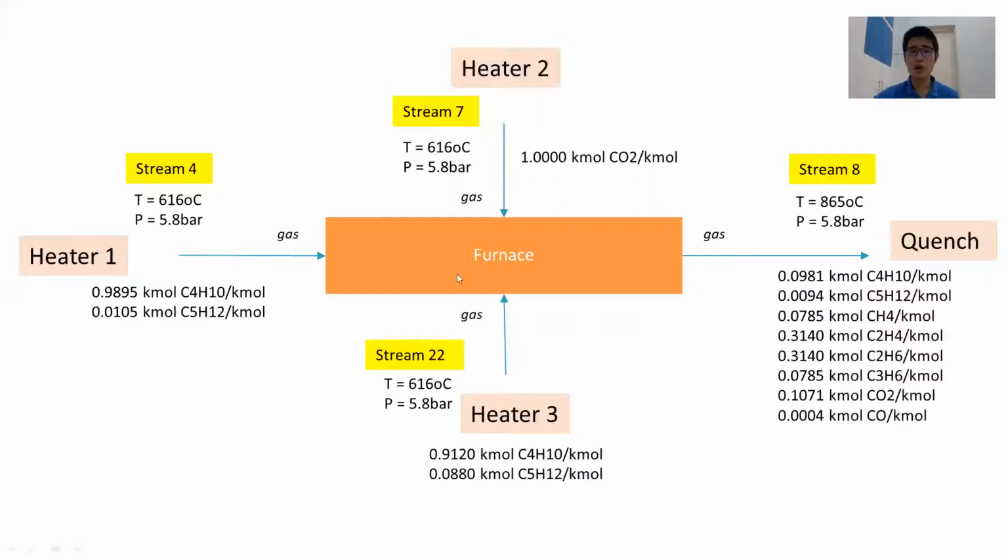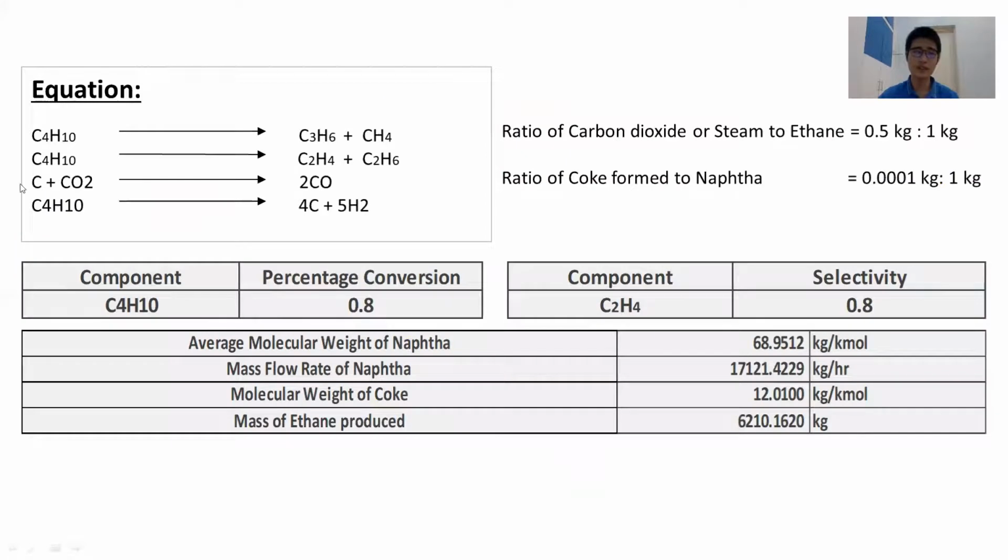So after all the reactions have occurred, we'll get these components at the outlet. The outlet temperature will increase to 865 degrees Celsius due to the exothermic reactions that occur in the furnace. So basically, these are the reactions that occur, but in which all are the butanes that react.